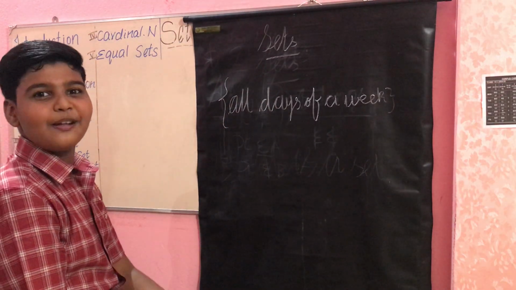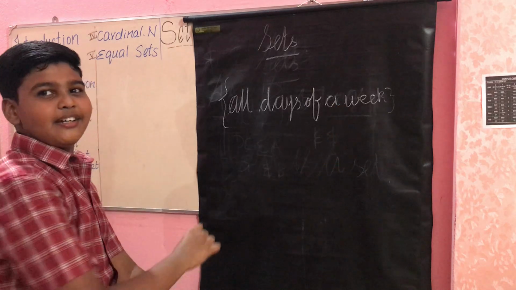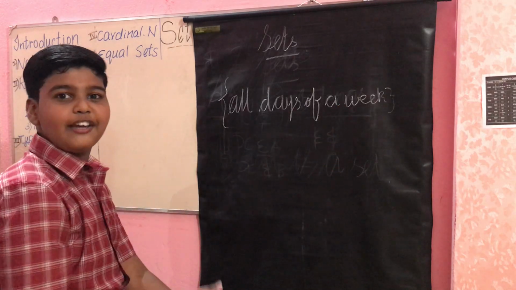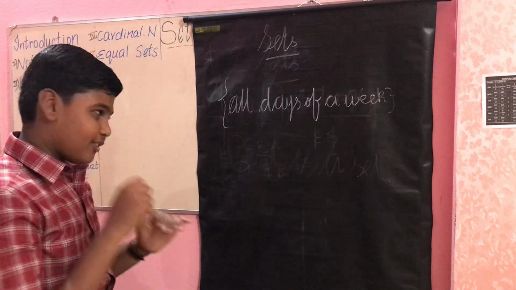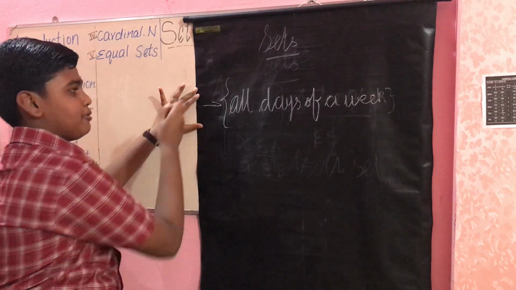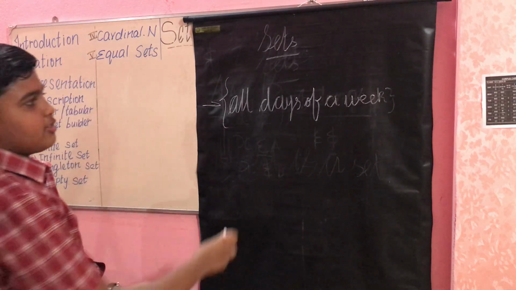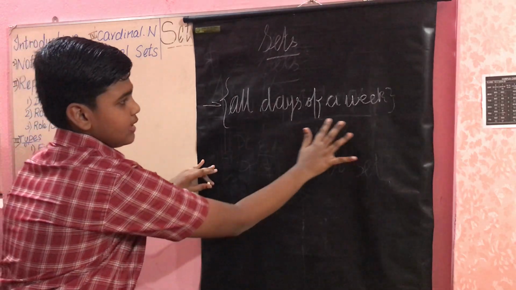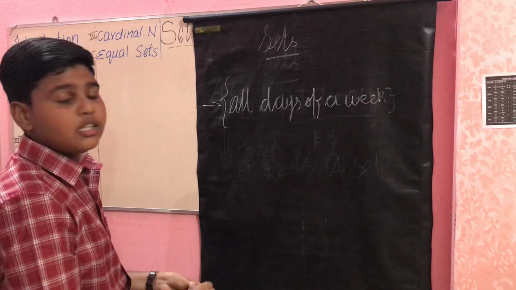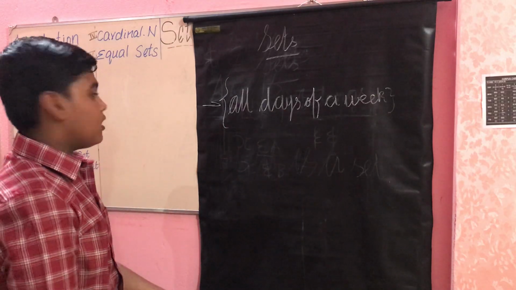We don't need to write Monday, Tuesday, Wednesday, Thursday, Friday, Saturday. Just all days of a week. This is known as the description method. It is only the way how we need to write.